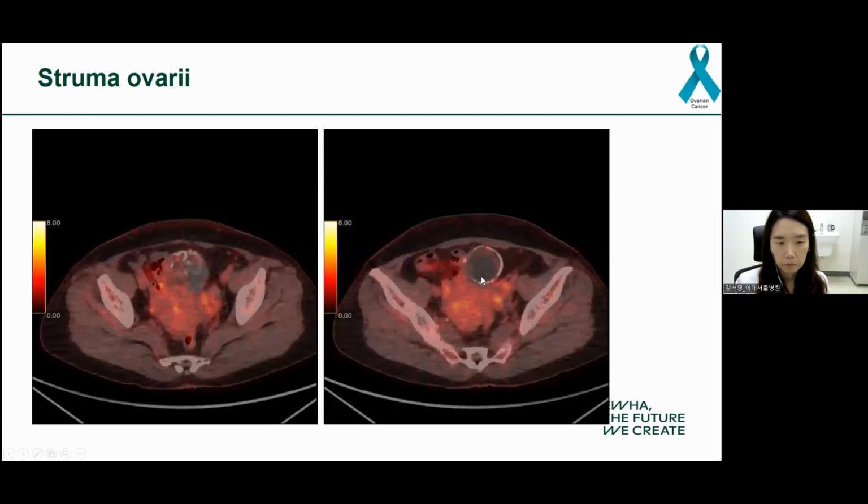So it was diagnosed as struma ovarii, in the left ovary lesion. I thought the other lesion could be physiologic uptake, but it was another ovarian tumor, mucinous adenofibroma. So yeah, the patient has several types of tumors in both ovaries.